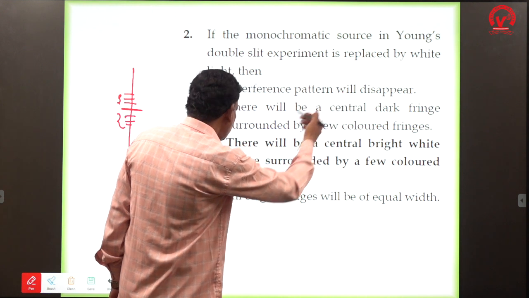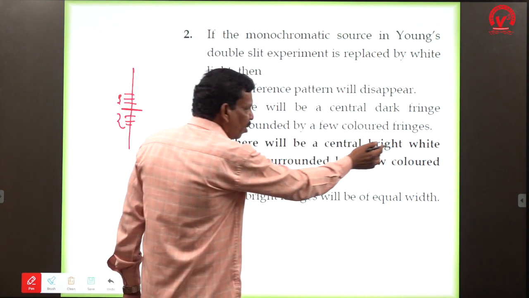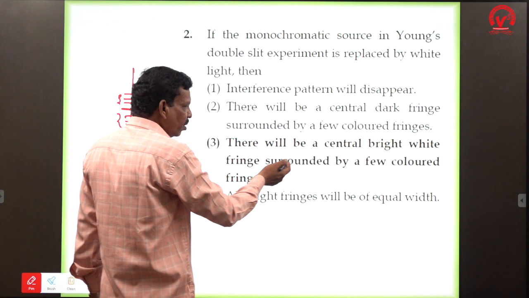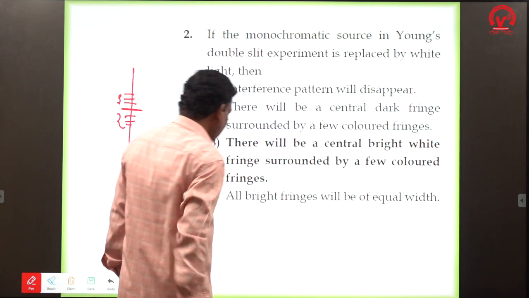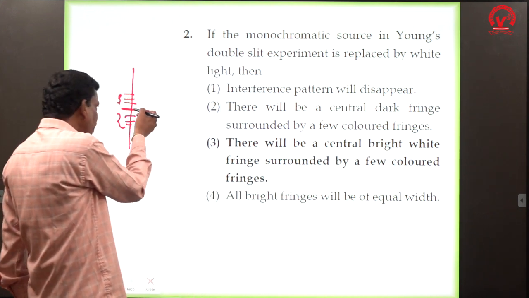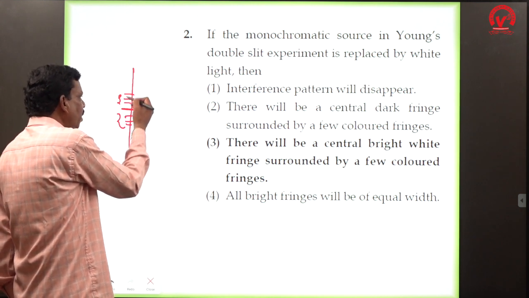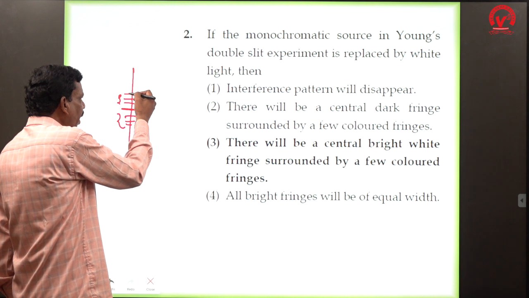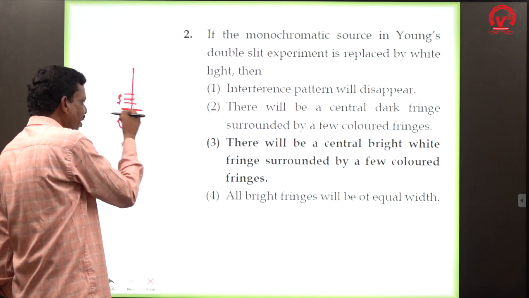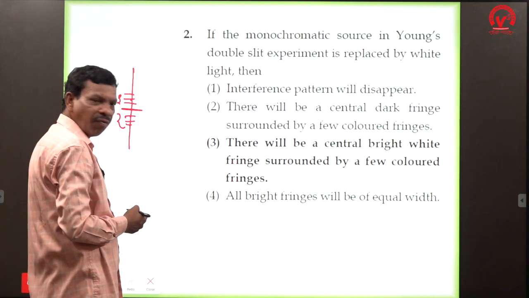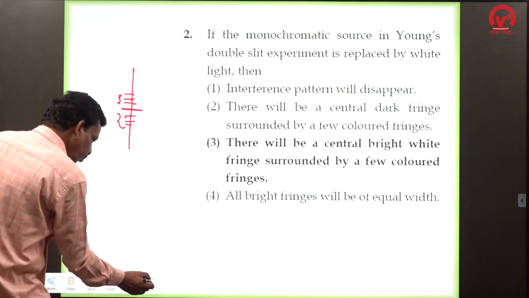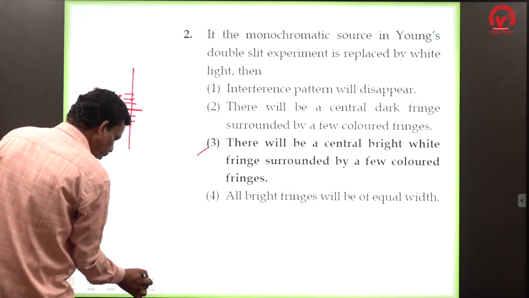So which option do we have? There will be a central bright white fringe surrounded by a few colored fringes. So around this central maxima white fringe, a few colored fringes can be formed. Option number 3.